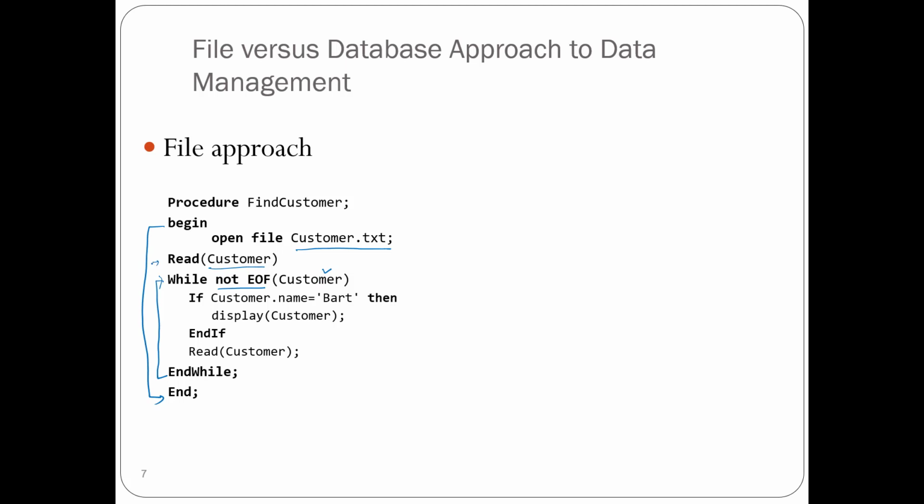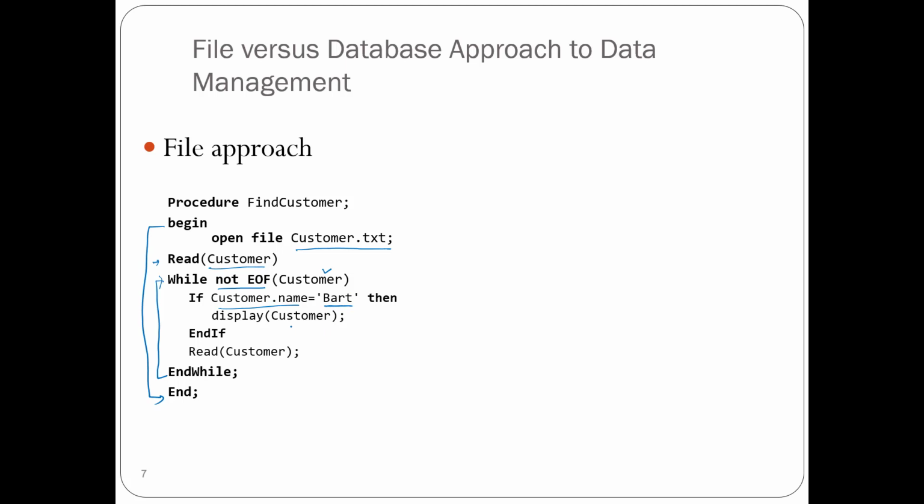You're reading this file, right? I'm assuming that there is a read function that reads the customer text file. It's pseudocode, so don't worry about the implementation details. Here we are making use of an if statement to check whether the customer's name is equal to Bart. We are searching for a customer whose name is Bart.